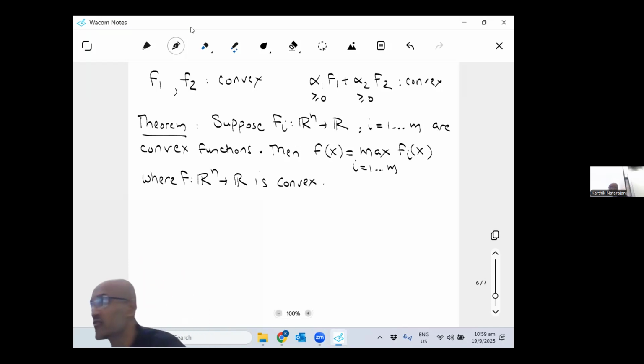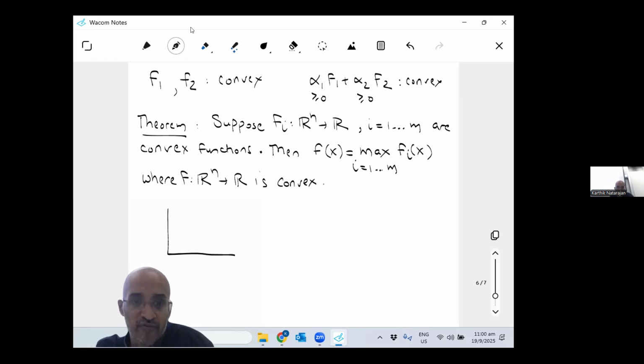So if you take the max of convex functions, it's also going to be a convex function. This is a very, very useful property. We can first visualize this, and then we will try to do a proof. I'm doing everything here in 1D, but all these things go forward in higher dimensions.